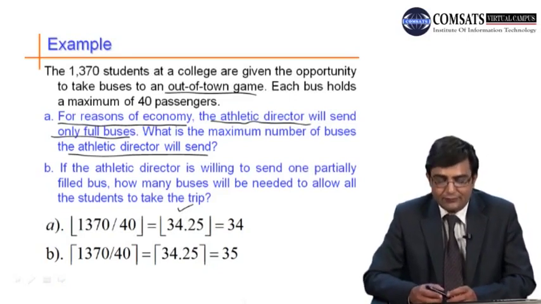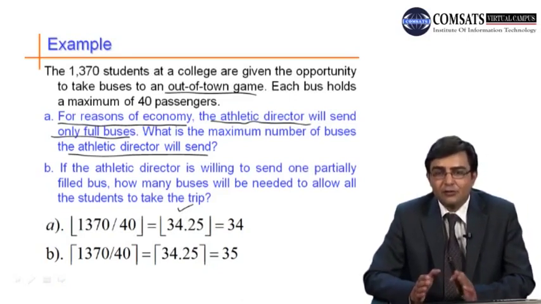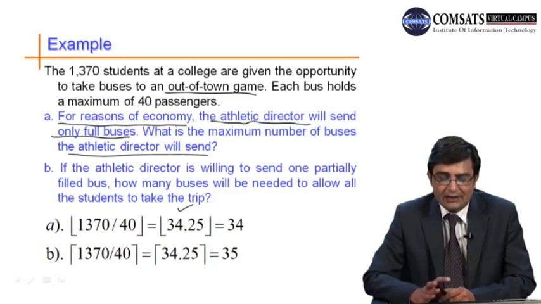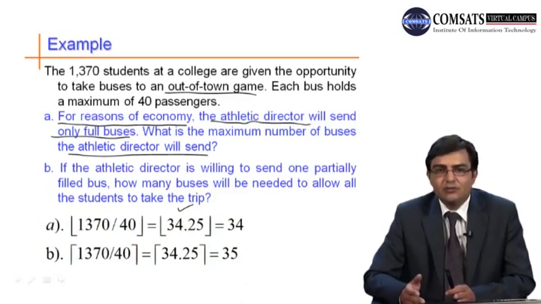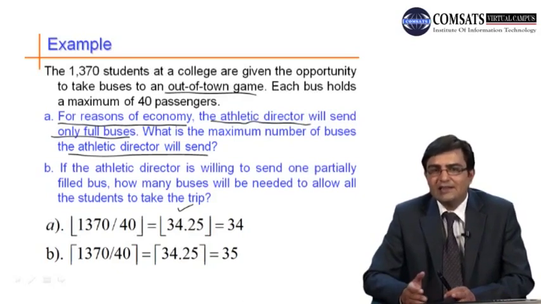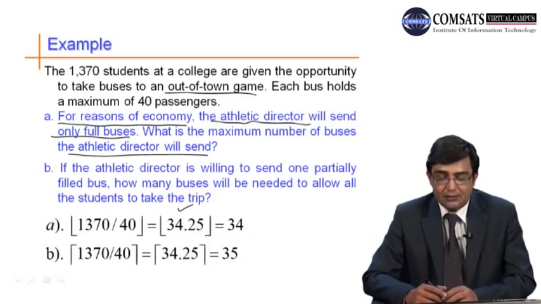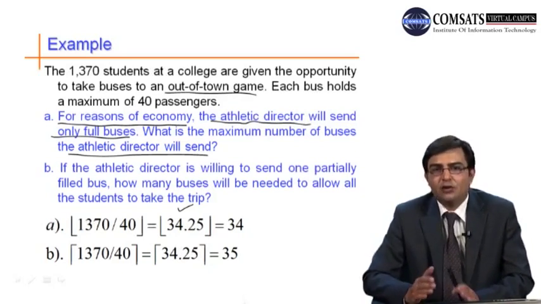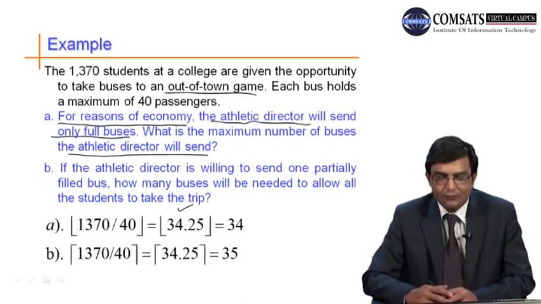What does it mean? It means that 34 buses will be full, and 0.25 expresses that some students, fewer than 40, will sit in another bus which will not be full, and the director will not allow that bus to go out of town for the game. Therefore we have to take the floor of this number.